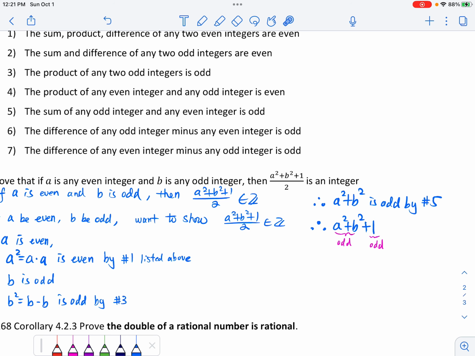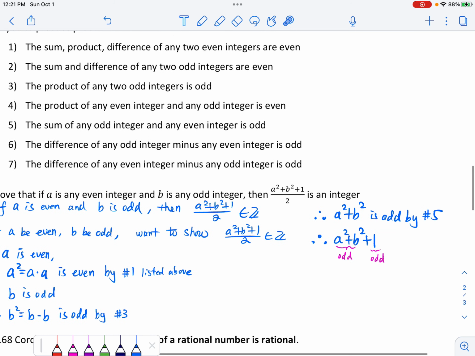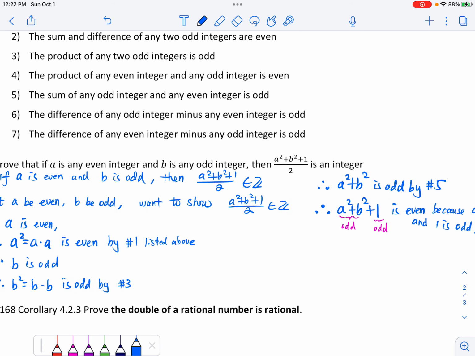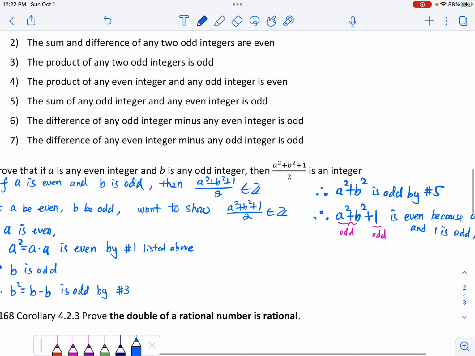Now, we already know that a squared plus b squared is odd, and 1 is odd, right? It says the sum of any two odd integers is even, so the sum of these two odd integers is even, because a squared plus b squared is odd and 1 is odd, and by property number... which one do we say?